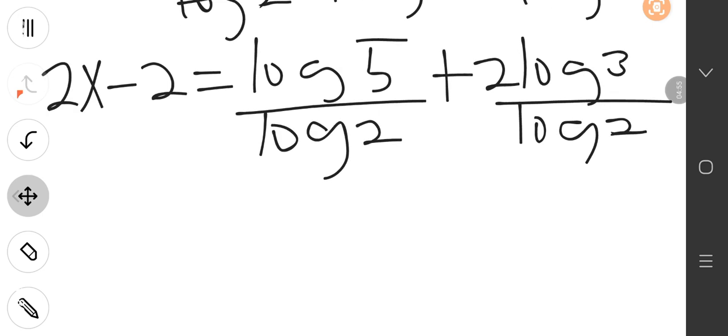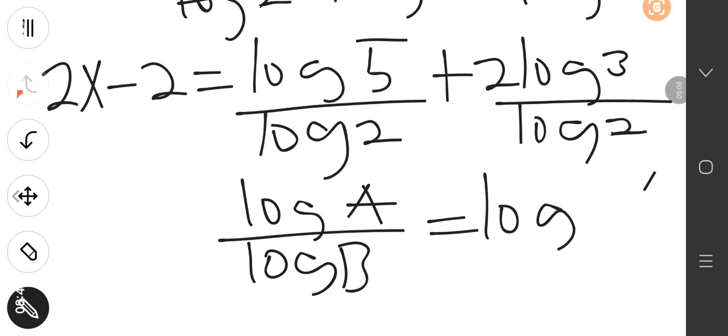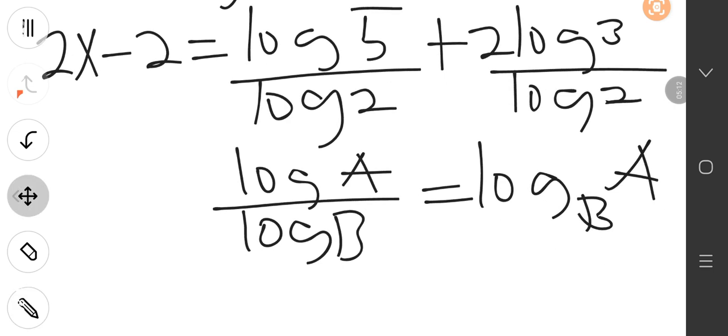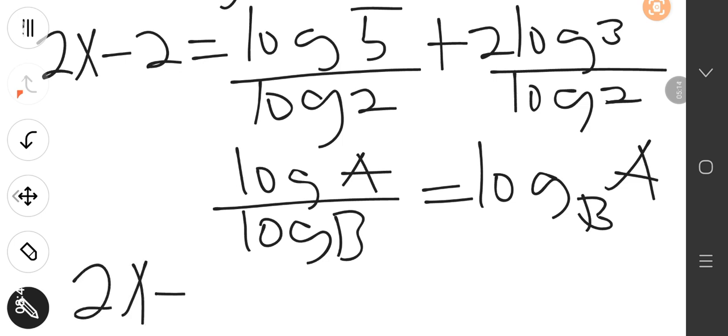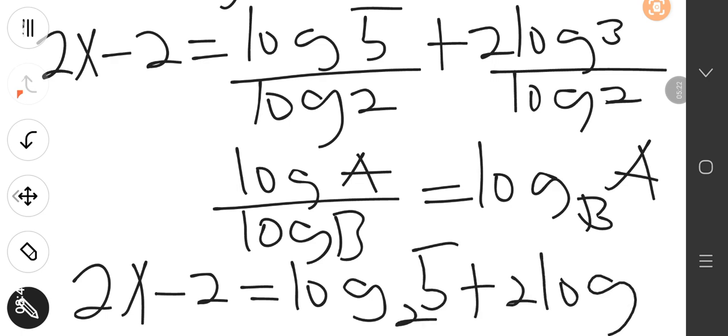All right, so log A over log B equals log A base B. So our equation becomes 2x minus 2 equals log 5 base 2 plus 2 log 3 base 2.